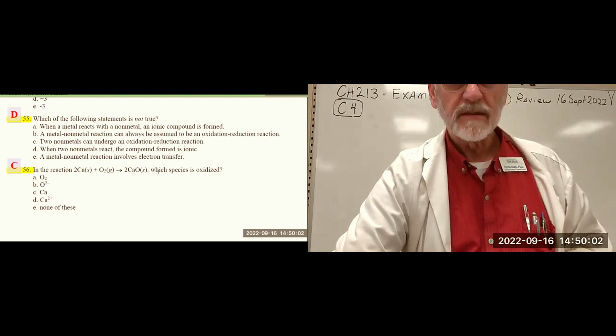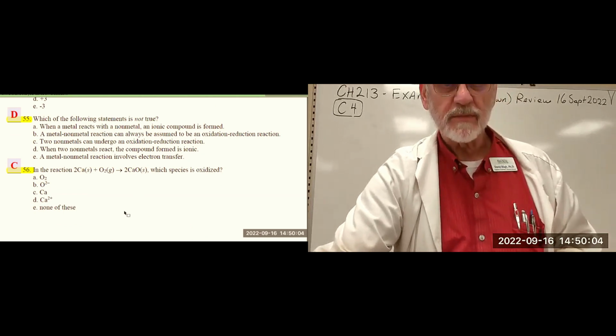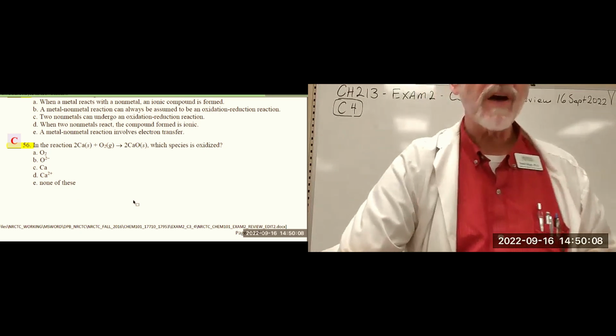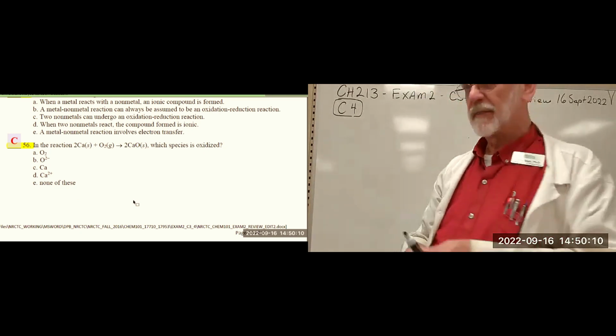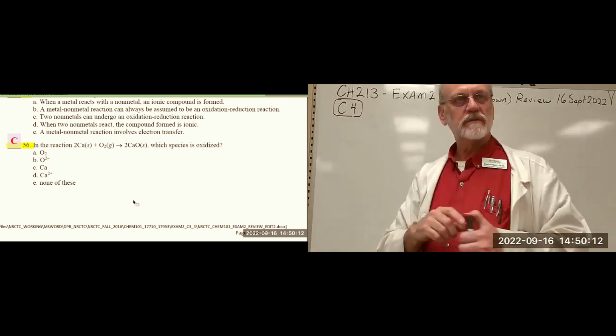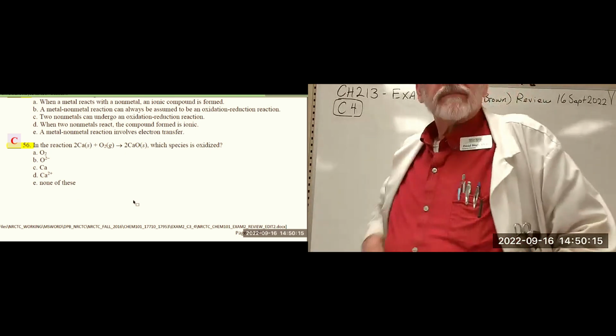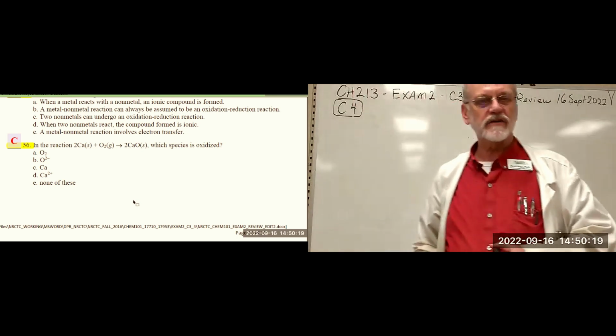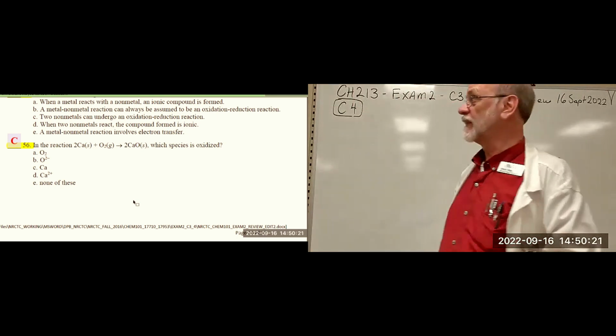All right. Which of the following is not true? I'm going to skip that one. In this reaction, which species is oxidized? Remember the acronym OIL RIG? Oxidation is loss. Which one actually loses electrons?